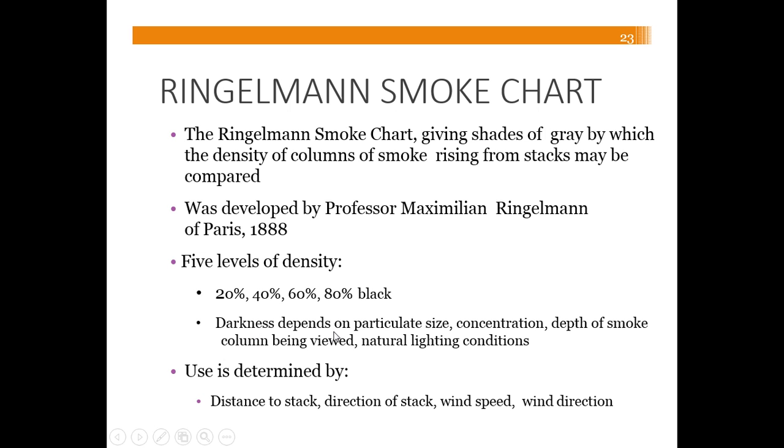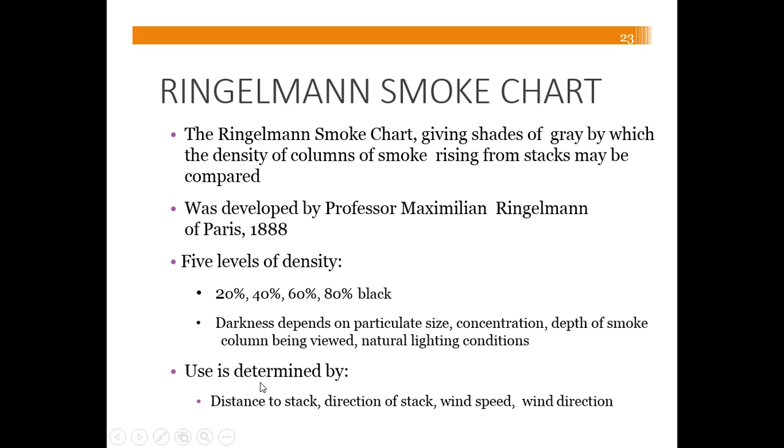The darkness of the visual comparison to the chart depends on the particulate size, the concentration of particles released into the air in that particular space, the depth of the smoke column being viewed, and also your natural lighting conditions. How good is the lighting? If you're taking your measurements during darker overcast periods, the lighting would be affected and it may look darker than it really should be.